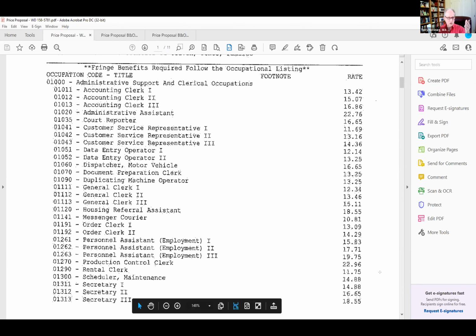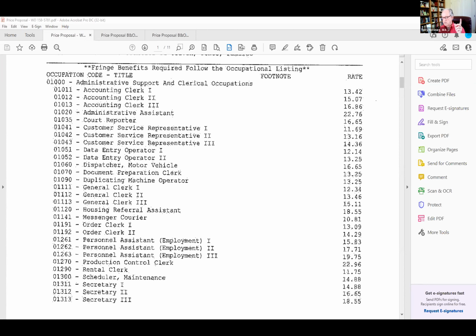So you'll see on here an accounting clerk, secretary, and further down you'll find the welders, the electricians, the carpenters, the truck drivers, the mechanics, and so on and so forth. In the far right hand column is the minimum hourly wage that you need to pay them.